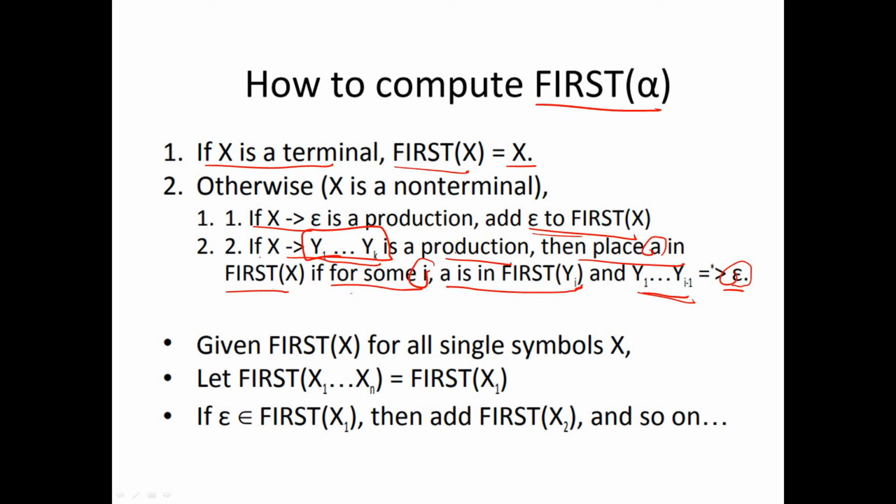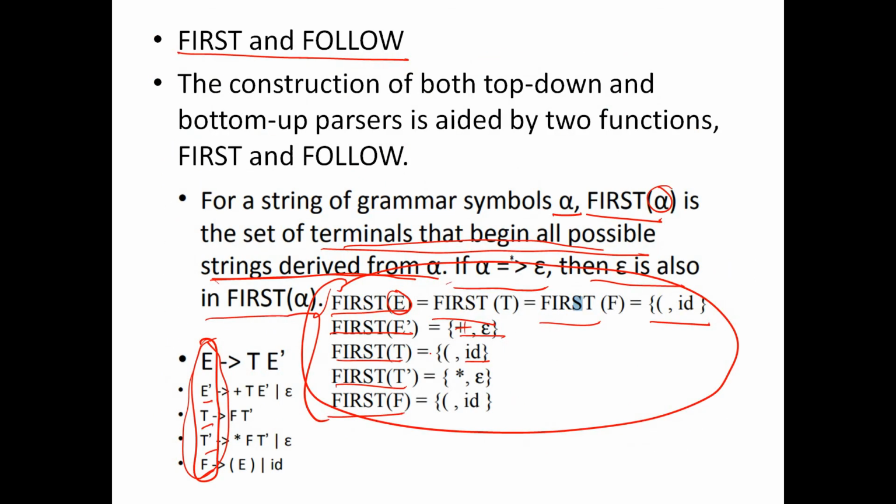Simply, I am adding an element to the set if it exists in some way. Given FIRST of X for all single symbols X, FIRST of X1 to Xn equals FIRST of X1. If epsilon belongs to FIRST of X1, then add FIRST of X2 and so on. Like that we follow and get the strings.